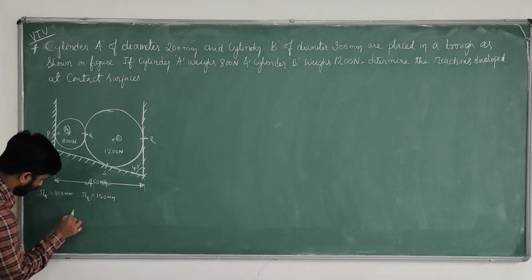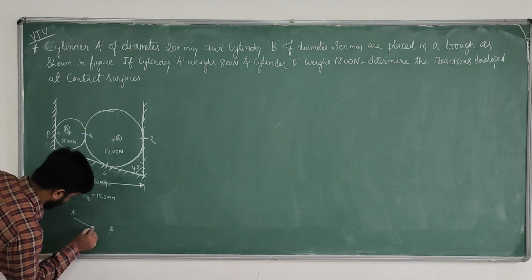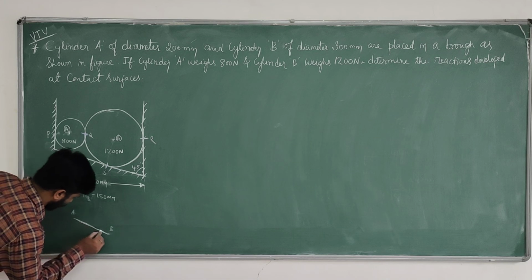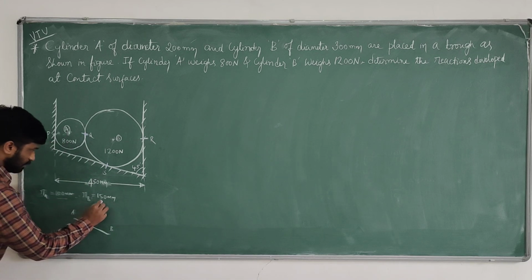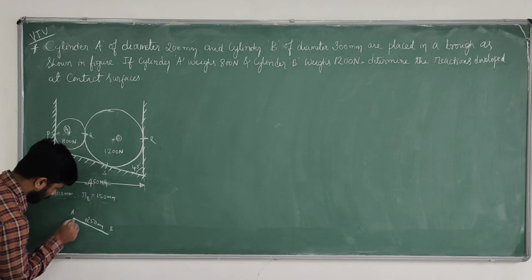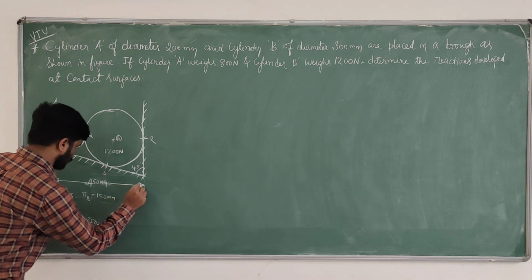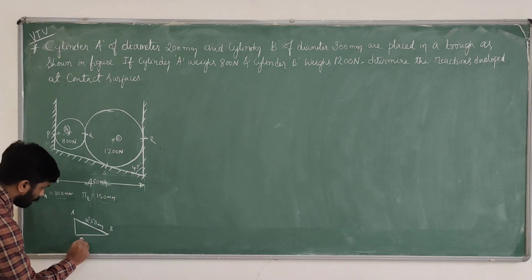How to determine it? Take the radius: this is radius A, and somewhere here is radius B. Join these two radii, so this is RA plus RB. What is the radius of A? 100 plus 150, it will become 250 mm. Join this, and the total distance is known. Therefore, how to compute this distance?